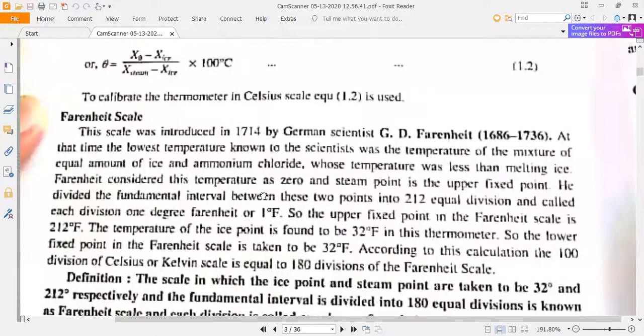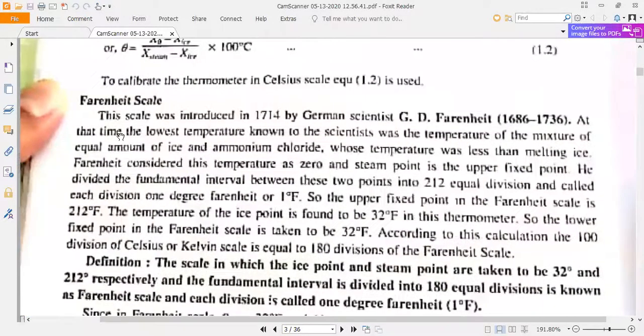Now, moving on. So Fahrenheit scale, let us try to know a little bit about this. The scale was introduced in 1714 by German scientist G.D. Fahrenheit. Okay. Now you people are quite lucky actually, because nowadays I do not see the birth year and death year of this scientist appearing in the exam. But during our time, this used to be very important.